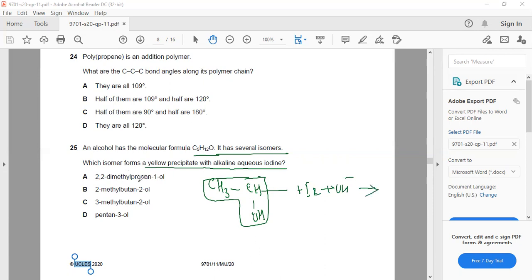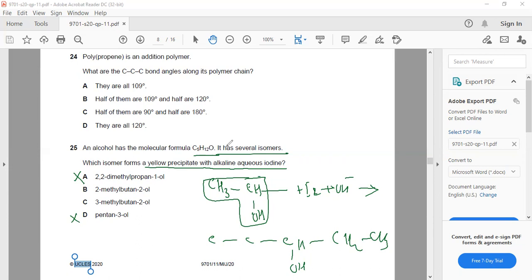So 2,2-methylpropan-1-ol, propan-1-ol will not give. Propan-3-ol will also not give because 3-ol means this is. Know this group. A and D are wrong.